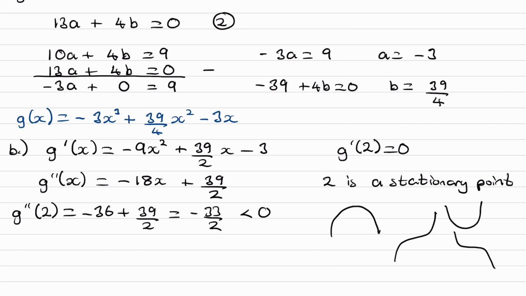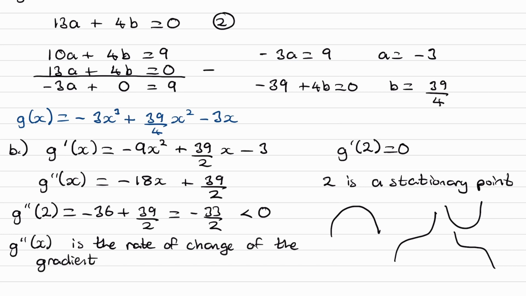This is negative. So the double differential, it tells you the rate of change of the gradient. So g double dash of x is the rate of change of the gradient. So if it is positive, that means the gradient is increasing. If it is negative, that means the gradient is decreasing.